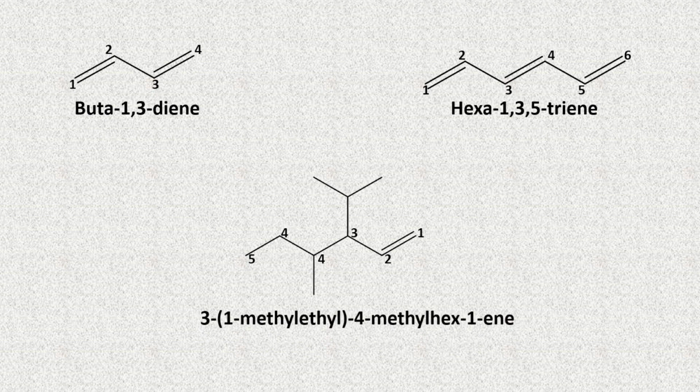So 3-(1-methylethyl)-4-methylhex-1-ene. Since 1-methylethyl is also known as isopropyl, its IUPAC nomenclature can also be written as 3-isopropyl-4-methylhex-1-ene.